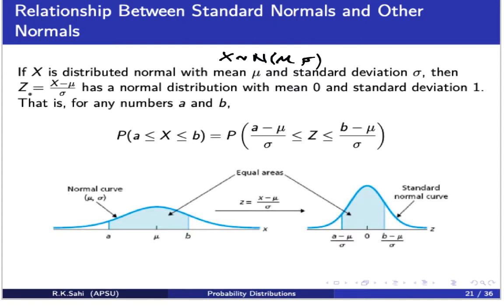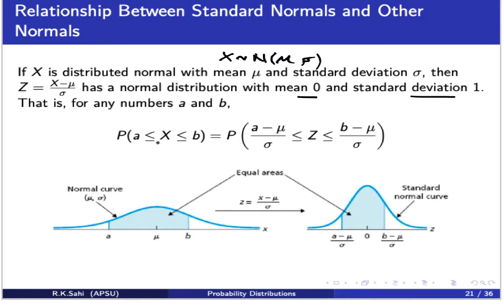Then if we have this variable, this capital Z, which is basically the capital X minus the mean mu, divided by sigma, then this Z will have a new distribution, but the new distribution is again a normal distribution. It will have mean 0 and standard deviation 1. So if we are looking at probabilities of the normal distribution of capital X between A and B, it is the same thing as subtracting mu.